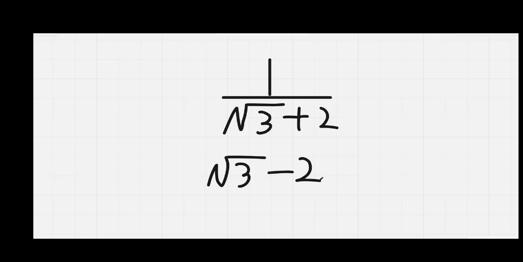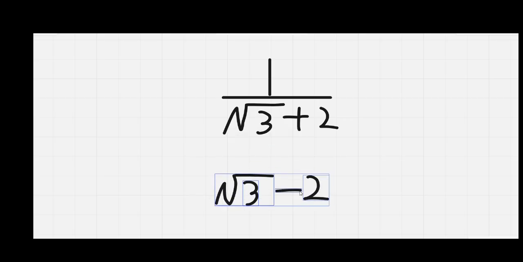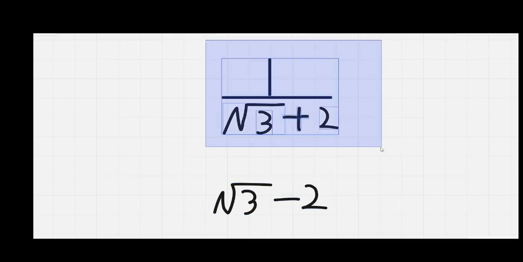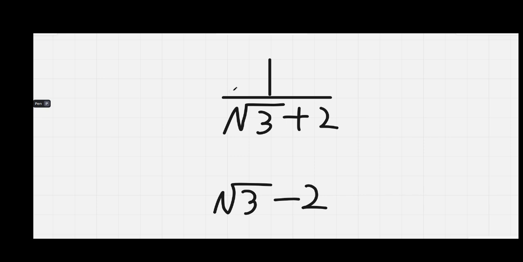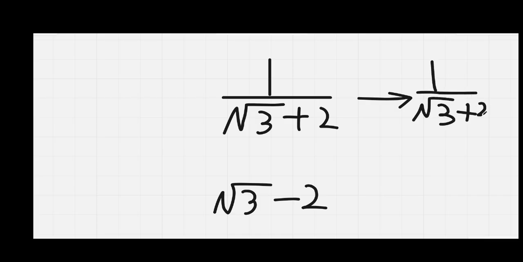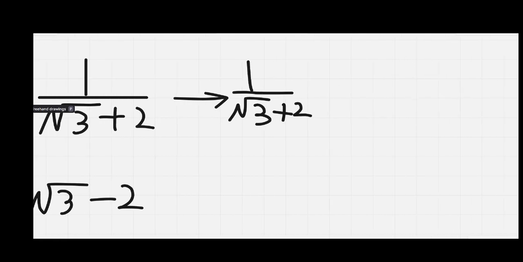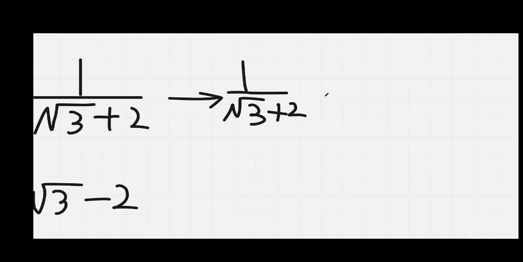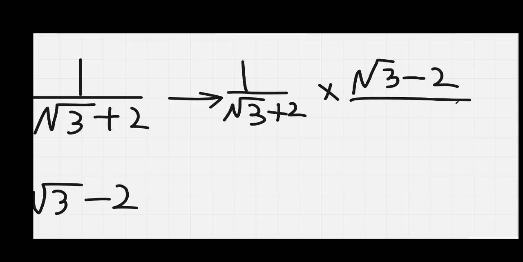So what you need to do is multiply this entire fraction by the conjugate of the surd. You would do 1 over root 3 plus 2 times root 3 minus 2 over root 3 minus 2.